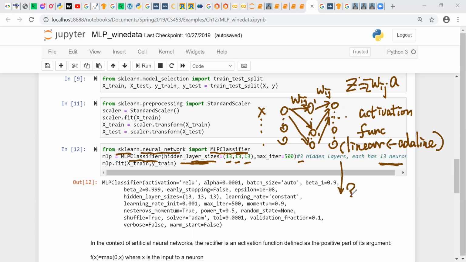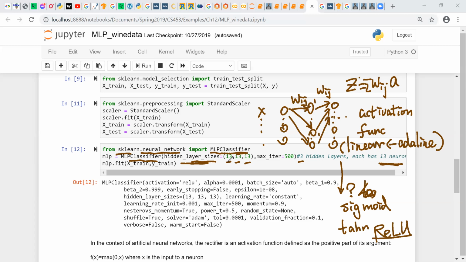We learned sigmoid. And there are some others, like tangent, but we didn't see examples. Later on we will also see ReLU, which is used a lot in deep learning.